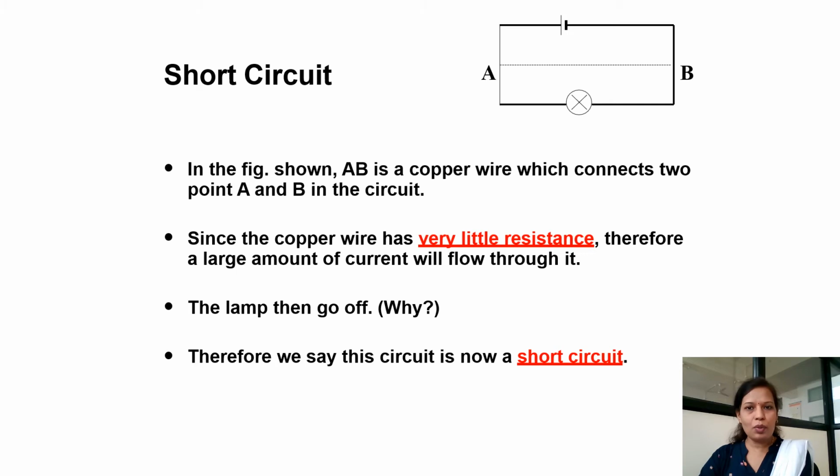As copper is a good conductor, whatever current is generated by the DC source, that whole current will flow through this copper wire and the current will not reach the bulb. Therefore, this bulb will remain off and the whole current generated by the battery will flow through the short-circuited path which is AB. Therefore, the current flows through the path battery, B and A. Therefore, it is called a short circuit path.